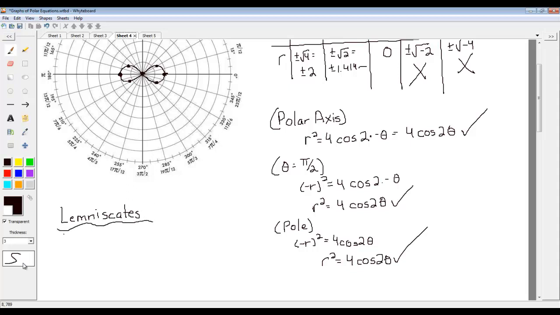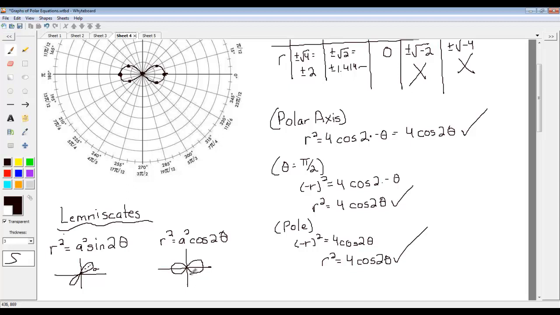Alright, lemniscates. If you have r squared equals a squared sine 2 theta, in that case, your lemniscate is going to be situated like so. And the length of the petal is going to be a. If you have r squared equals a squared cosine 2 theta, your lemniscate is going to be situated like so.